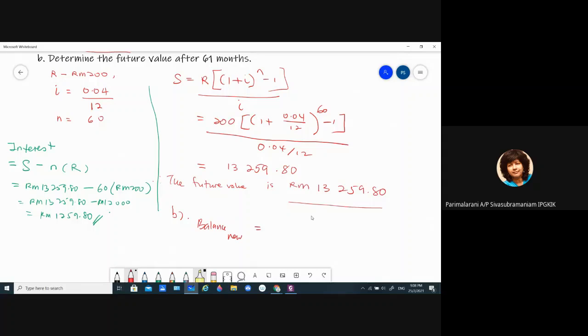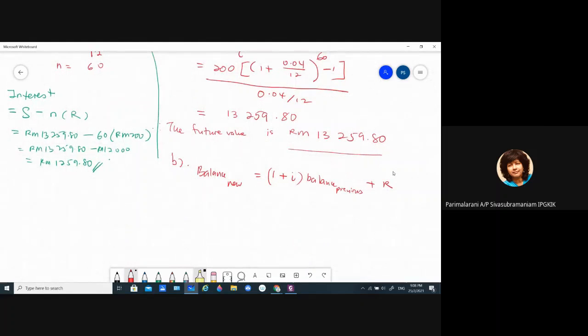New balance is equal to 1 plus I times the previous balance plus R. So the new balance will be 1 plus 0.04 over 12, times the previous balance, which is 13,259 ringgit and 80 cents, plus our R, which is 200.